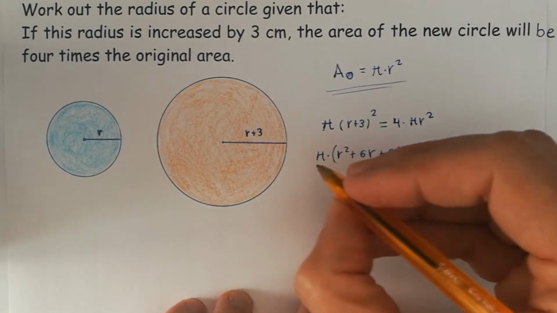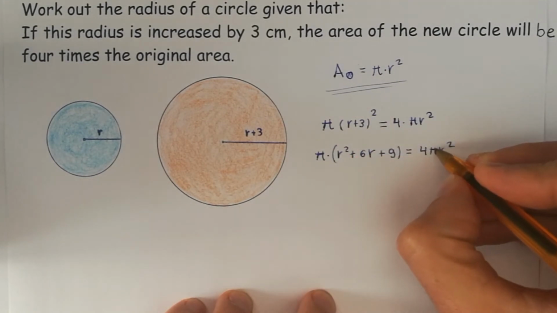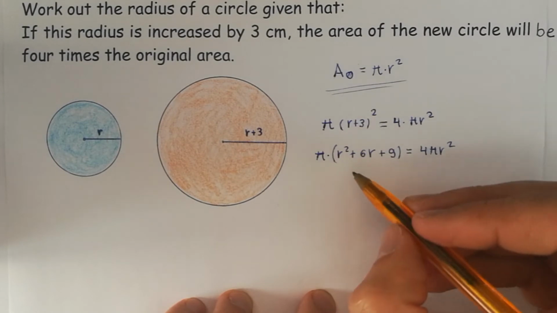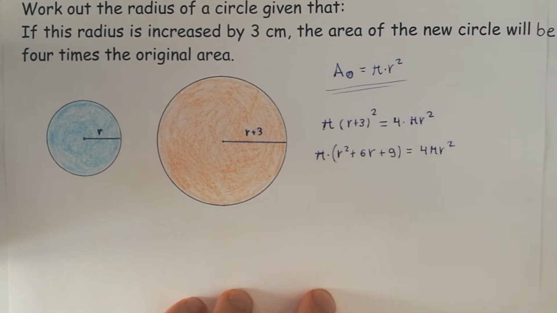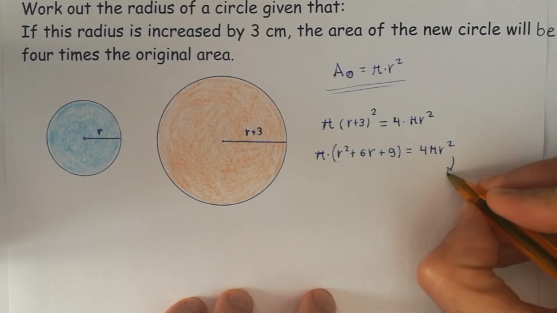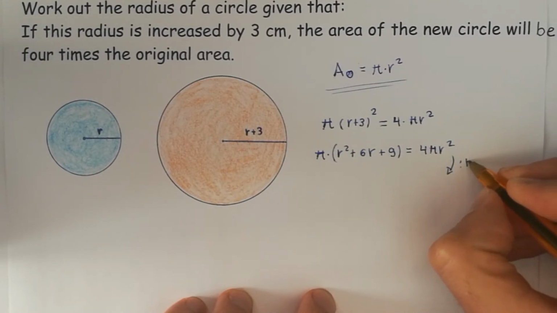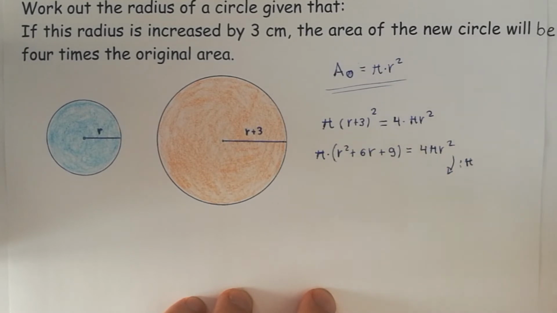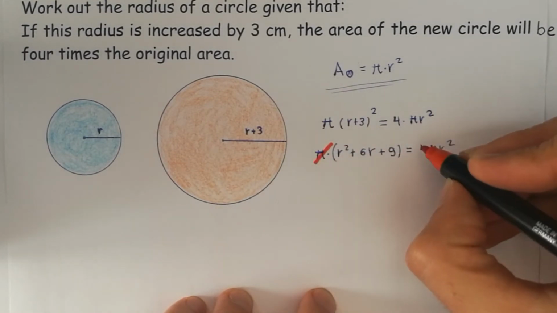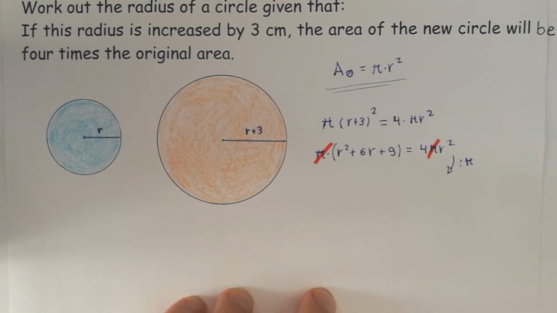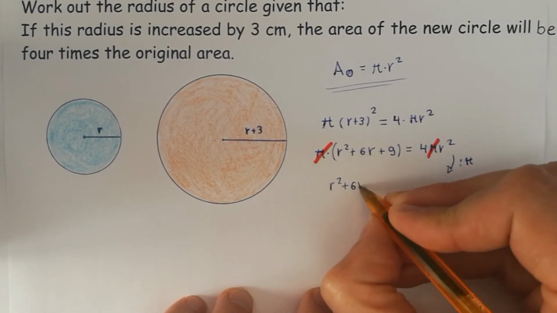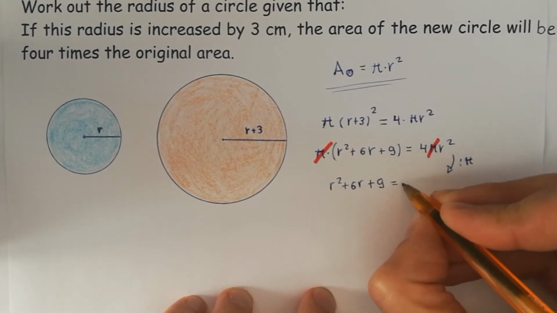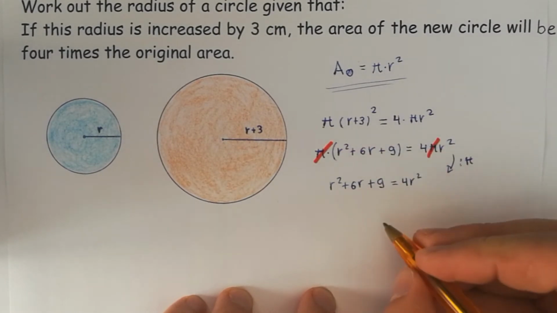Now, before we go on with this equation, it's a good moment to simplify because every term is multiplied by pi. So if we divide both sides by the number pi, we're going to get a simple expression with r squared plus 6r plus 9 and 4 times r squared on the other side.